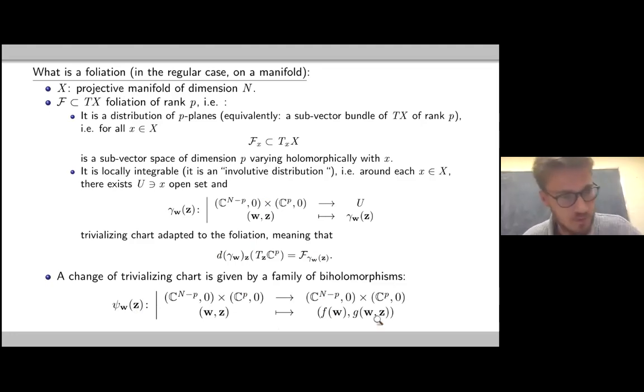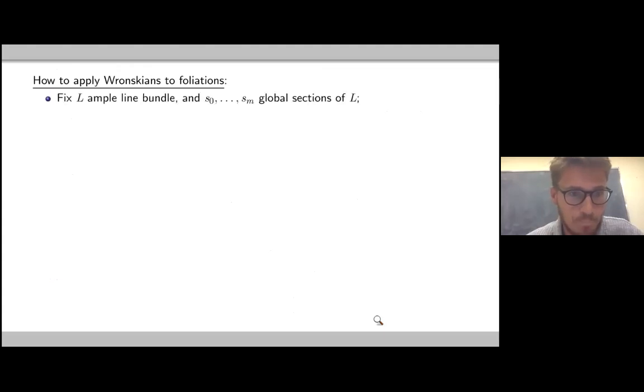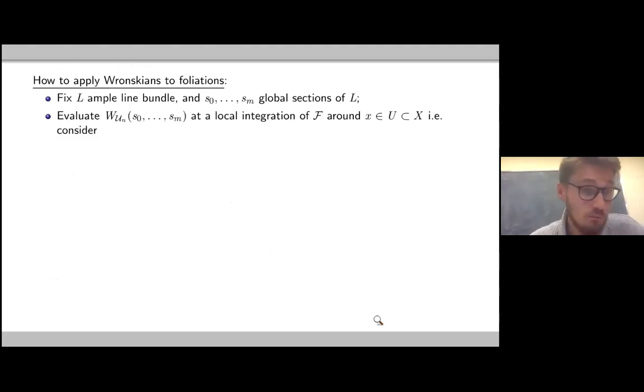Okay, so this was a bit technical, but now let us see the idea why and how we can use Wronskian in this setting. So we will still fix an ample line bundle and take a global section of this ample line bundle. And the goal is to evaluate this Wronskian at a local integration of X around x.